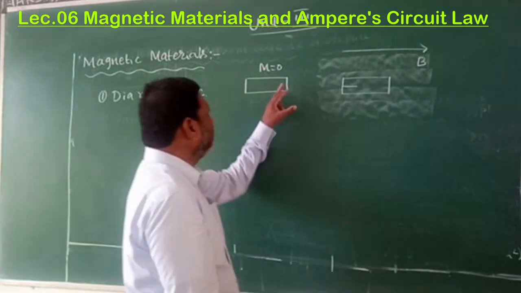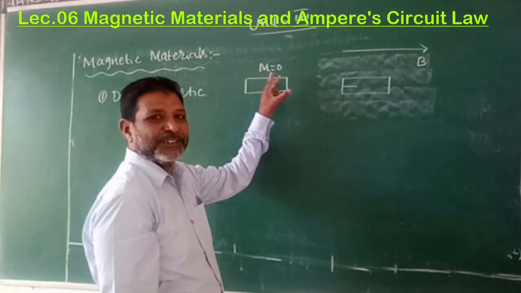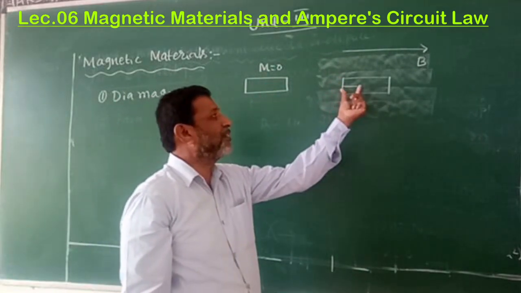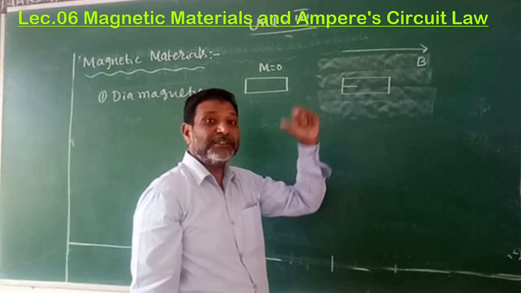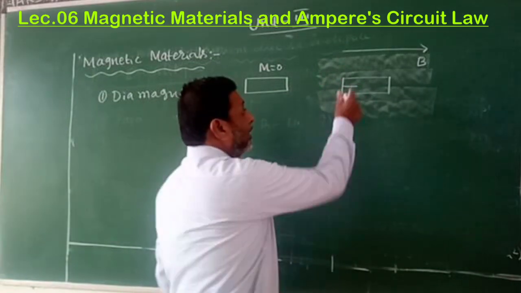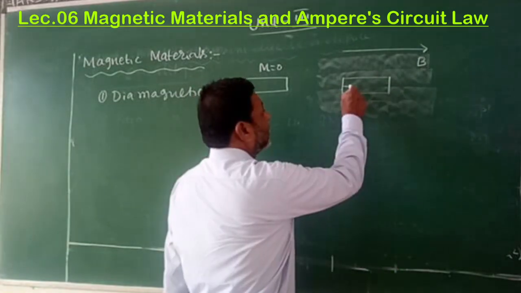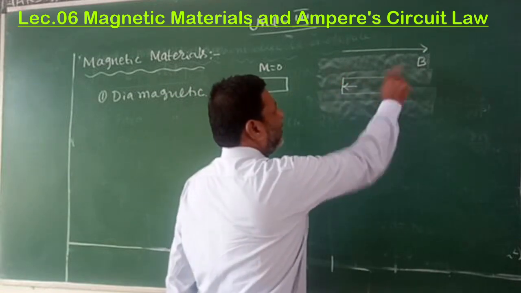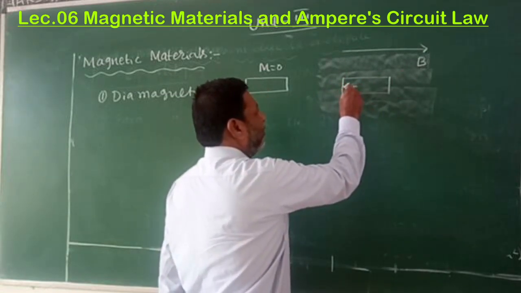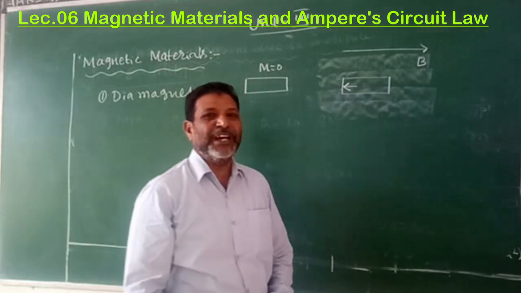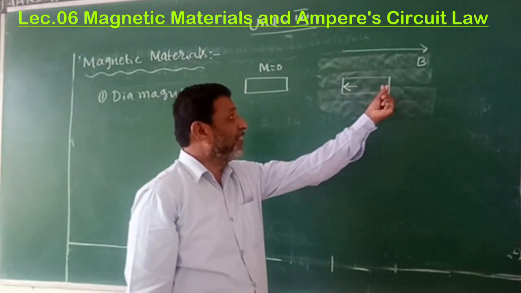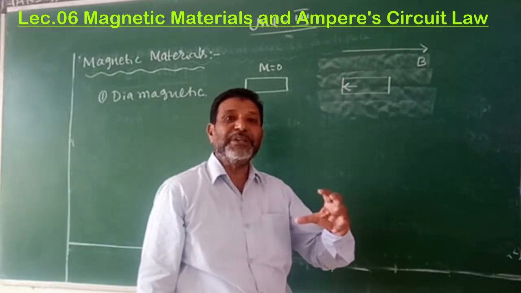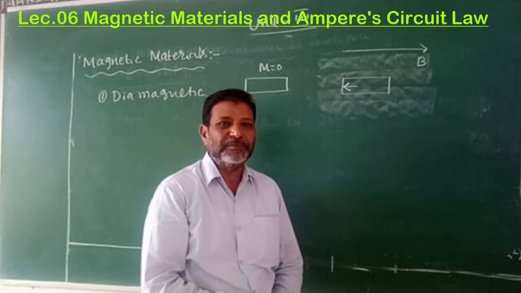Initially, you don't have any magnetic moment in it, but when it is placed into the magnetic field, it acquires some magnetic moment in the direction opposite to the applied field. That means if you apply the magnetic field in this direction, the magnetic moment is acquired in the opposite direction. As a result, it gets repelled. It comes out. Therefore, this is the behavior of the diamagnetic material.